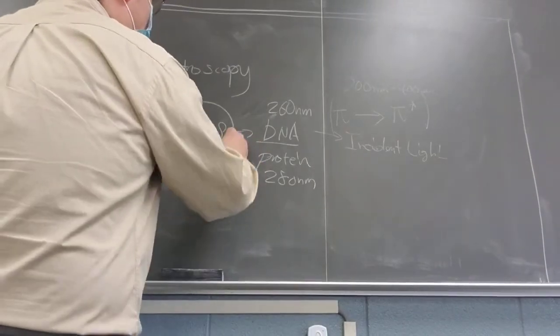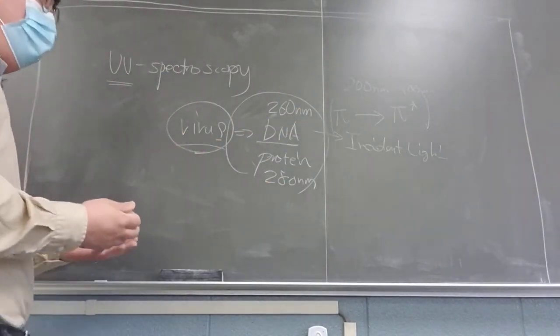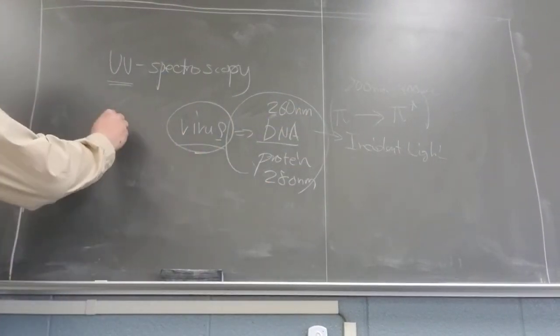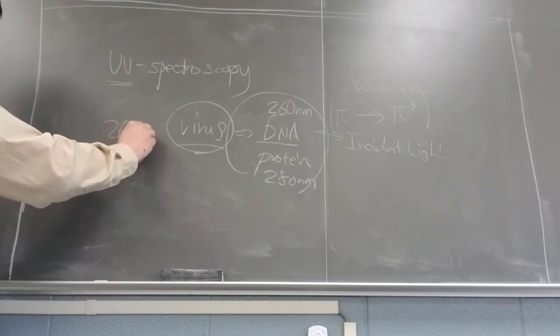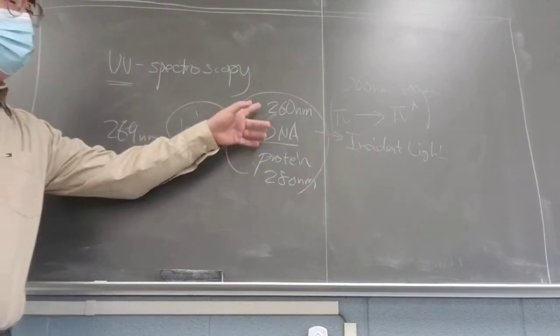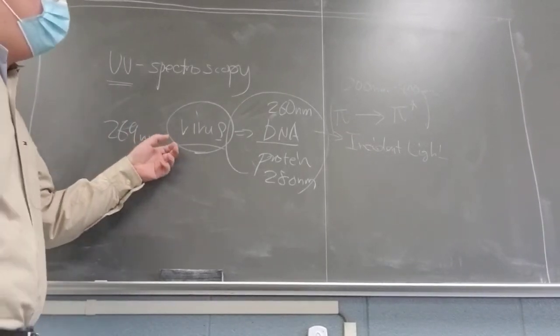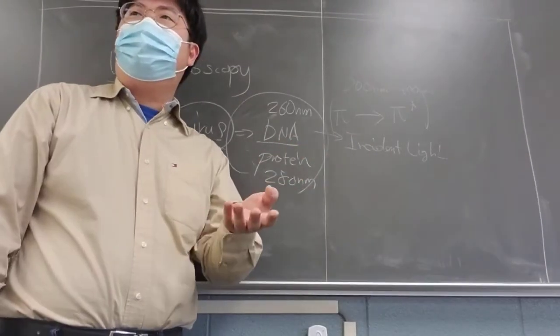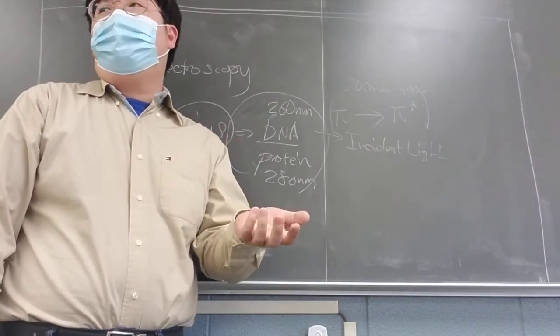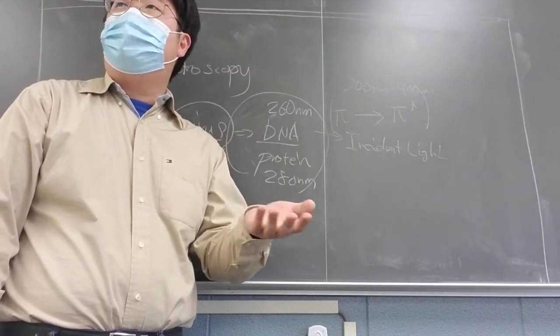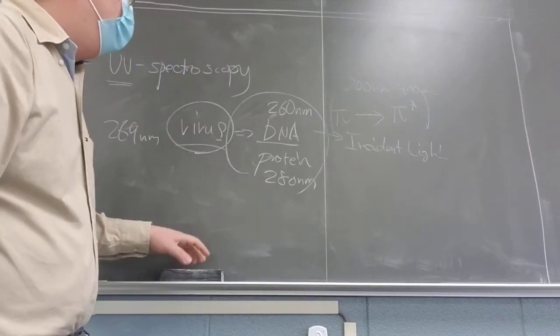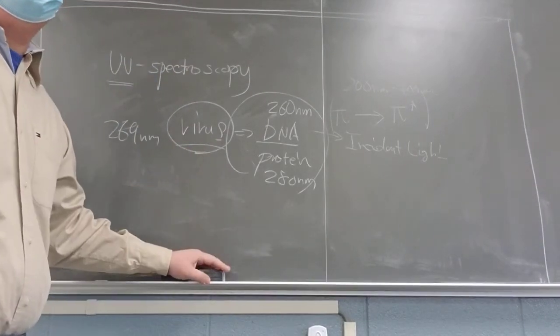Whenever I try to measure how much virus I made in the lab, we measure 269, because the two overlap into a bigger peak in the middle. I try to use the virus to treat cancer, and also for stem cell bone regeneration, and also for nanotechnology.